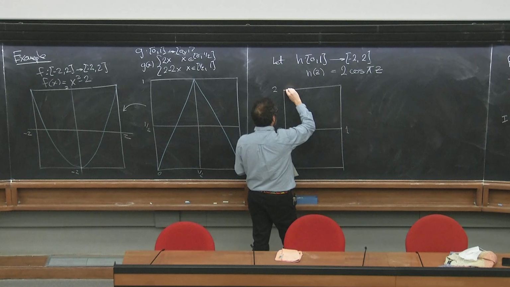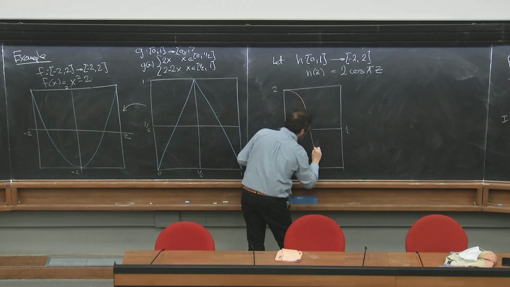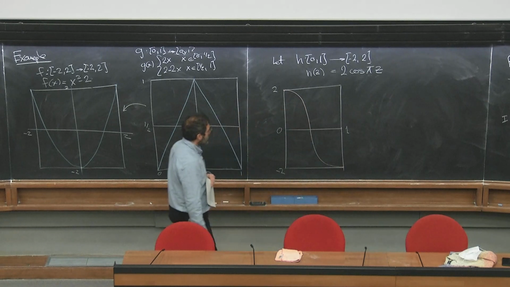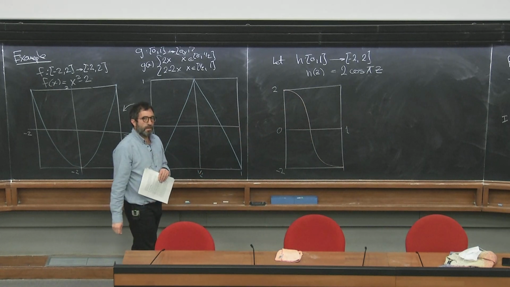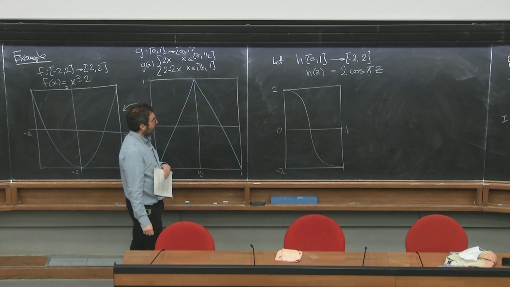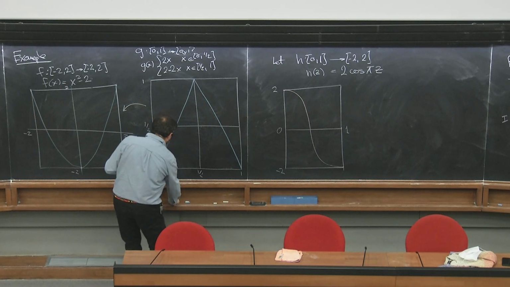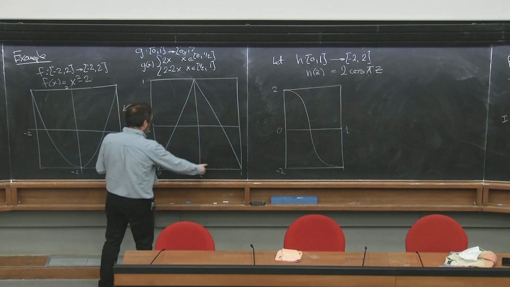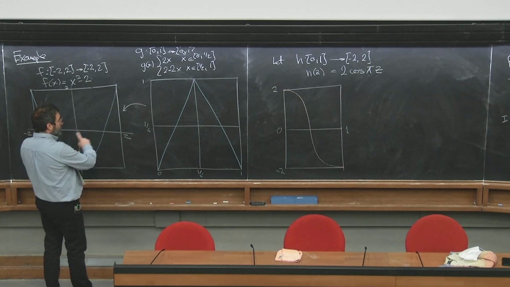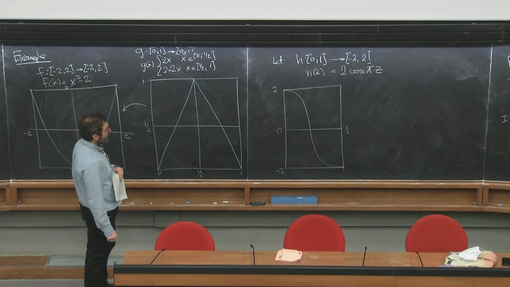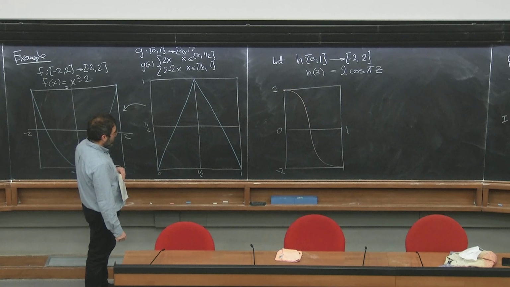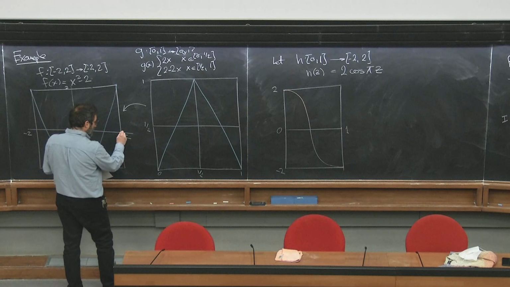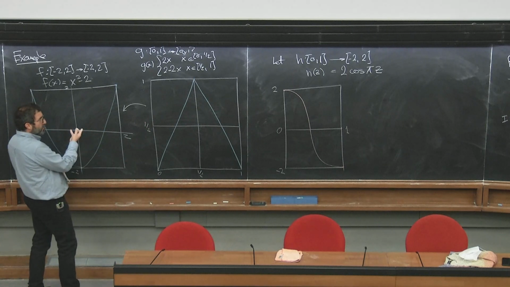So this is really just a piece of a cosine curve like this, which is stretched. And so this means this is a map that maps this interval 0, 1 to this interval minus 2, 2. It maps the point 0 to the point 2, right? So it's orientation reversing.